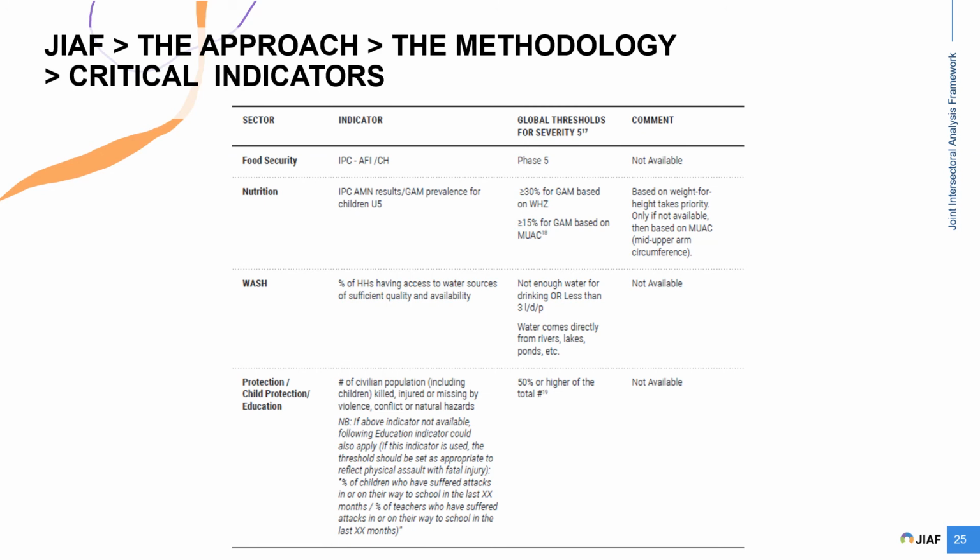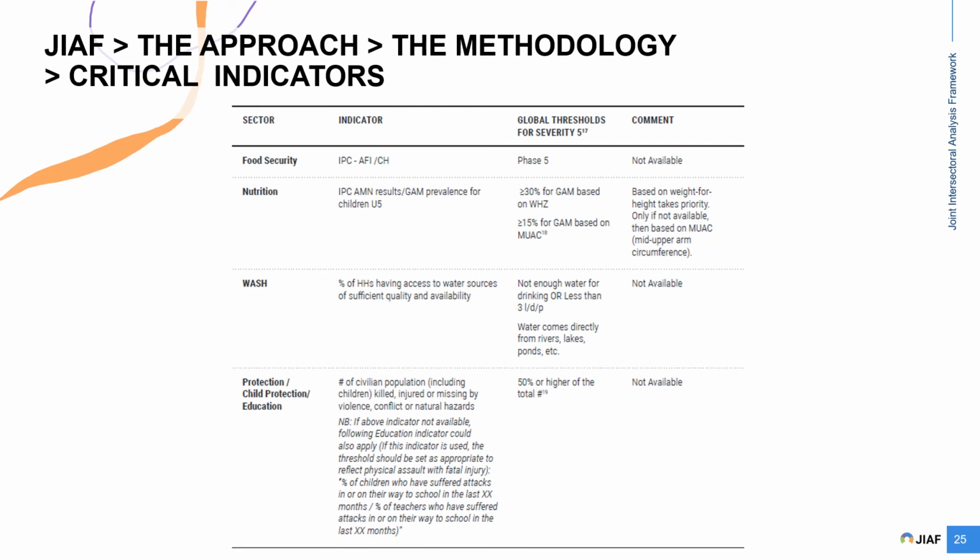The use of critical indicators was identified as a difficult element of JIAF 1.0. So we've added all this new information about how to craft critical indicators and how to use them. We've also added a table that provides a list of examples of critical indicators as identified at the global level.